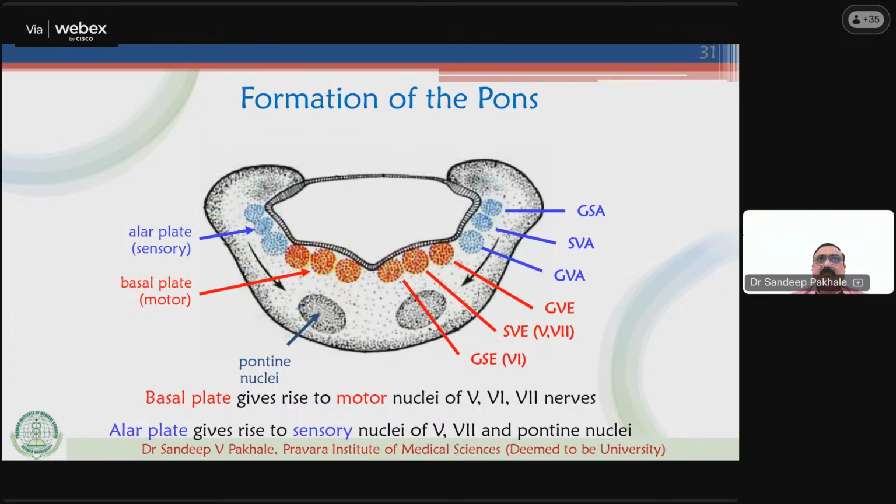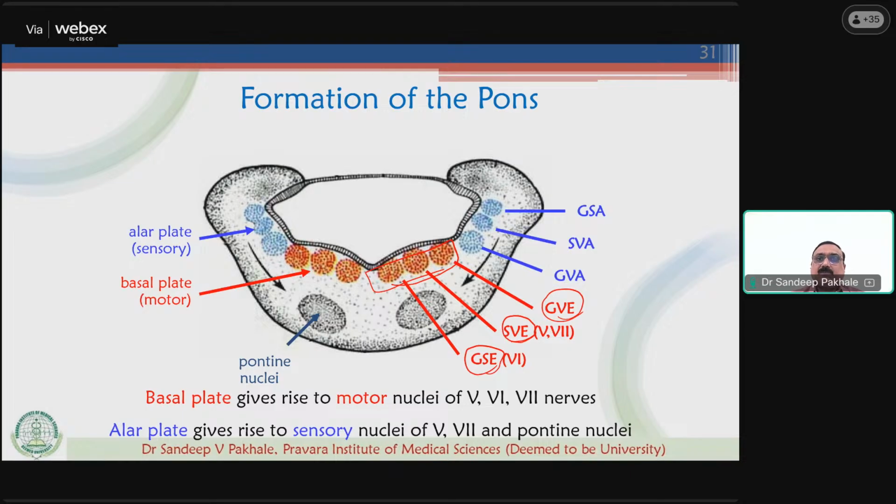The basal plate forms motor nuclei, which are arranged, as we saw in the medulla, from medial to lateral. These include somatic, branchial, and visceral efferent groups: general somatic efferent, branchial efferent or special visceral efferent, and general visceral efferent.